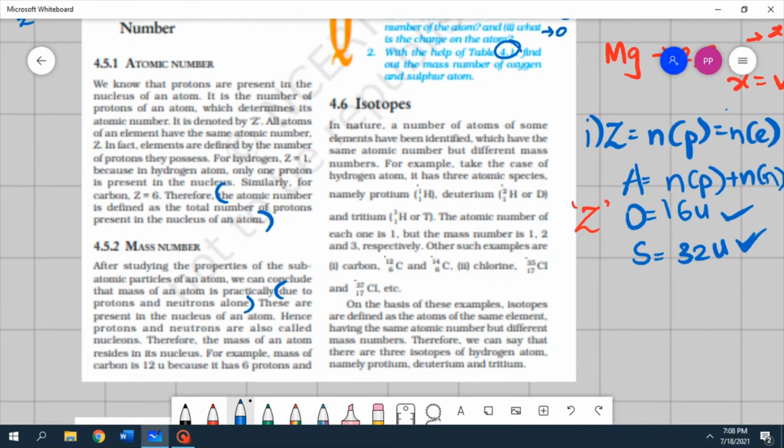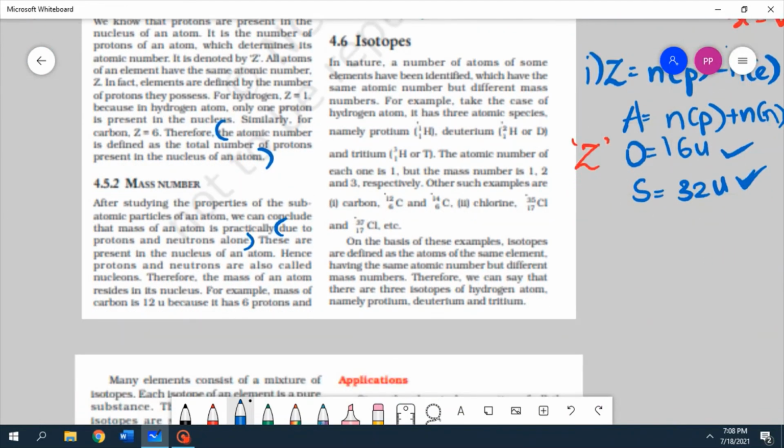Alright, so isotopes. A number of atoms of some elements have been identified in nature which have the same atomic number but different mass numbers.